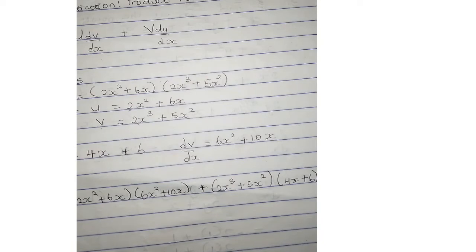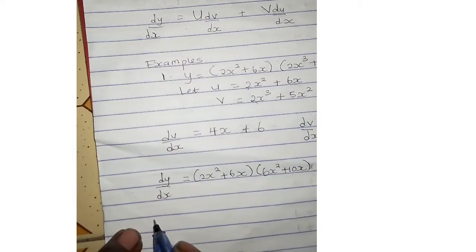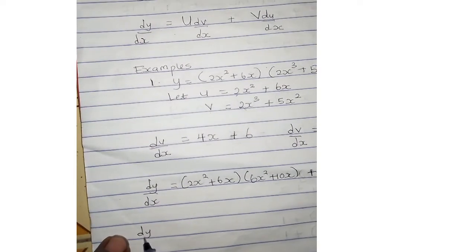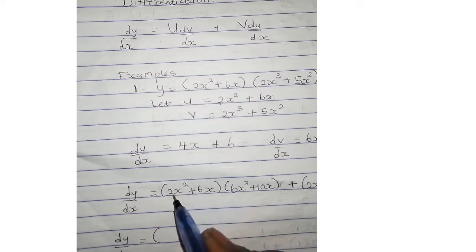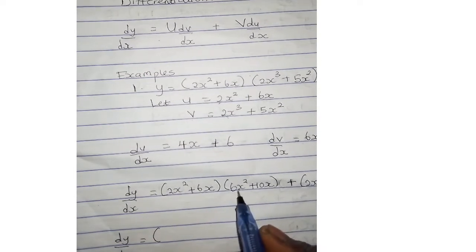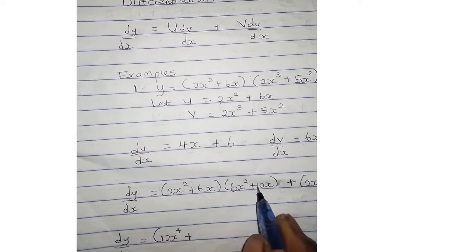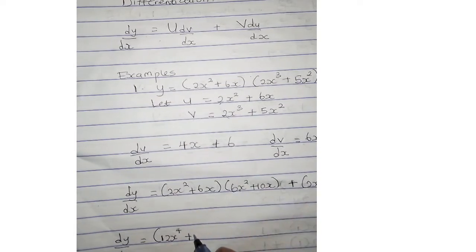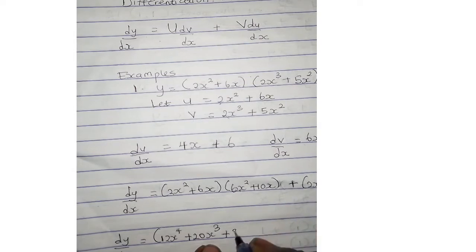So we're going to expand this bracket. We're going to have dy/dx will be equal to 2x squared multiplied by 6x squared, which gives 12x to the power 4, plus this multiplying this, we're going to have 20x cubed, plus this multiplying this, we're going to have 36x cubed.